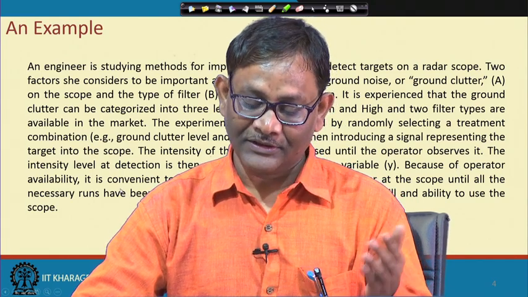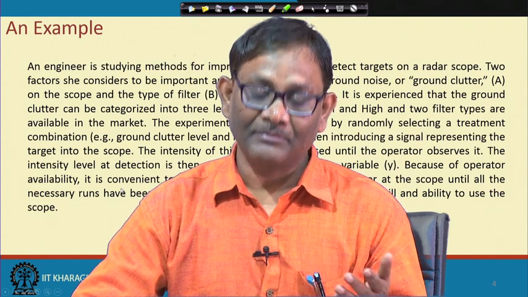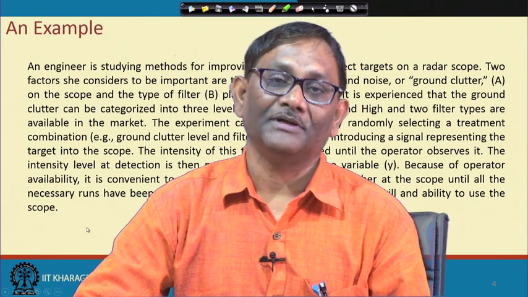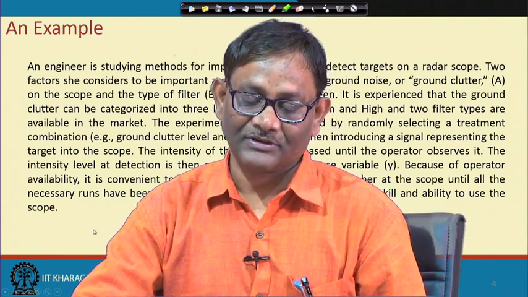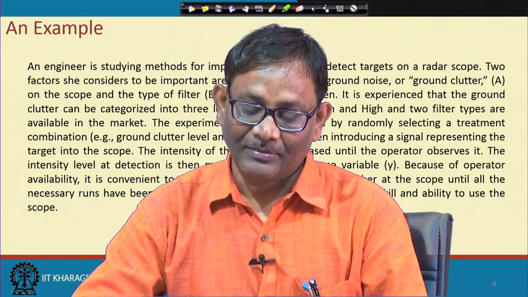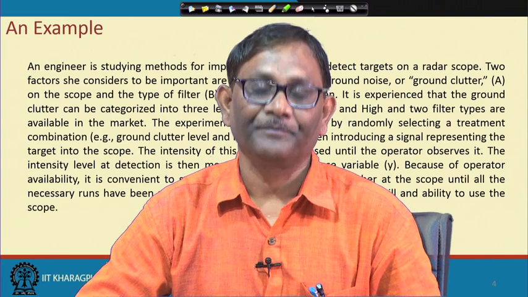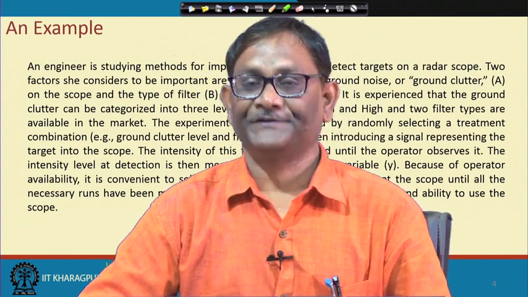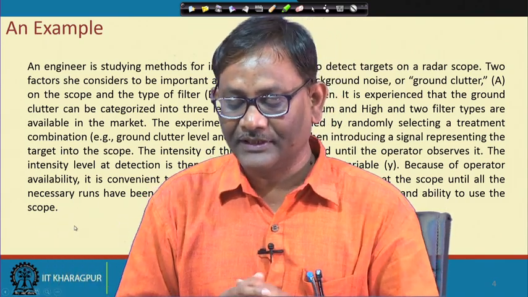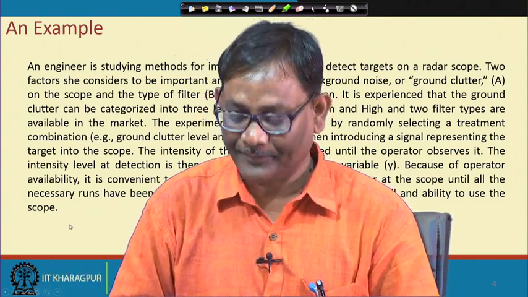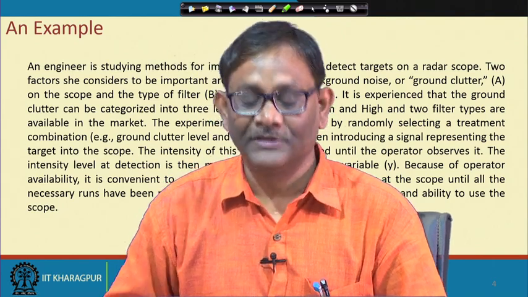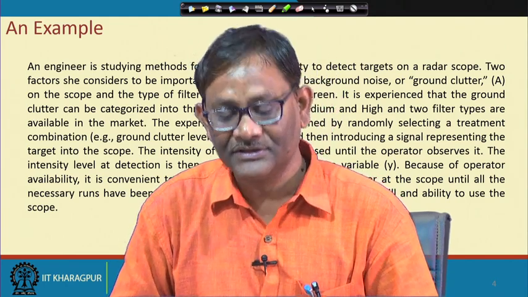Now, depending on the situation, operator can be a controllable factor or can be a noise also, but most of the time it will be an uncontrollable one, because the plant or the process where the operations take place, the operators will come from that locality, unless it is a very specialized process. So, under the situation you have to rely on the local available people. So, it will be an uncontrollable one. Another important one is the process output, which is the response variable. In this case, the intensity level at which the detection is possible.